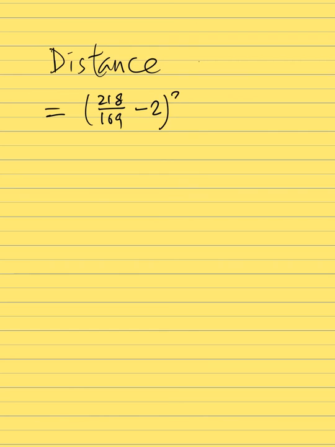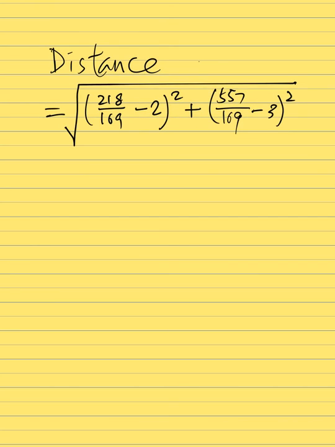Finally, the required distance equals the square root of (218 over 169 minus 2) squared plus (557 over 169 minus 3) squared. Okay, you will find the answer.